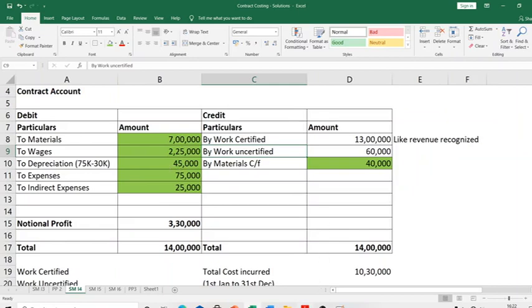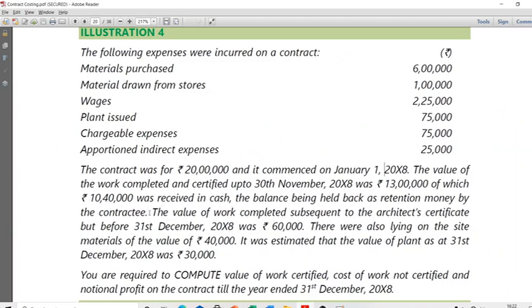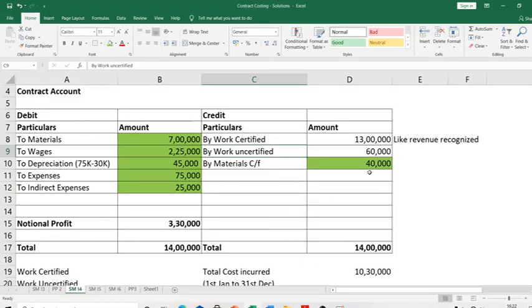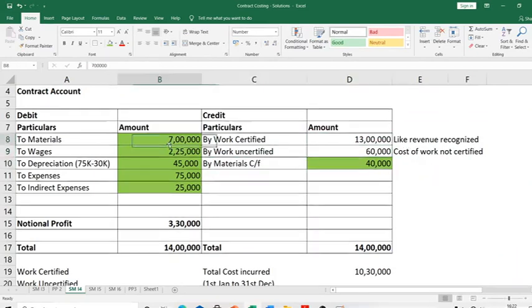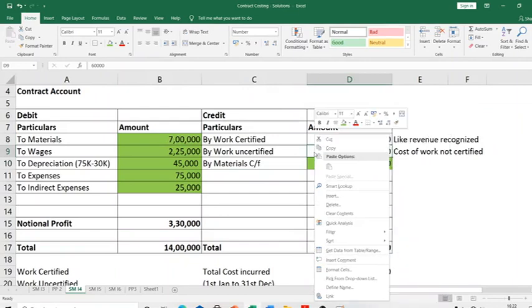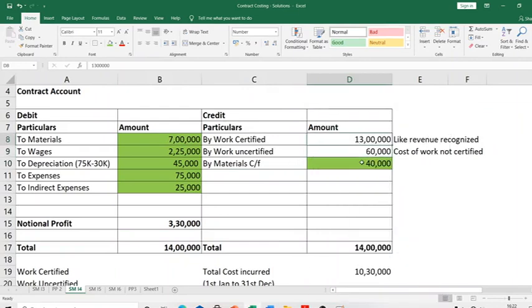The question tells us the value of work completed subsequently but not certified is 60,000. They have directly told us the cost of work not certified. We remove this cost. So this 40,000 is removal of material cost, this 60,000 is removal of general cost for the last month, and this 13 lakhs is recognition of revenue.